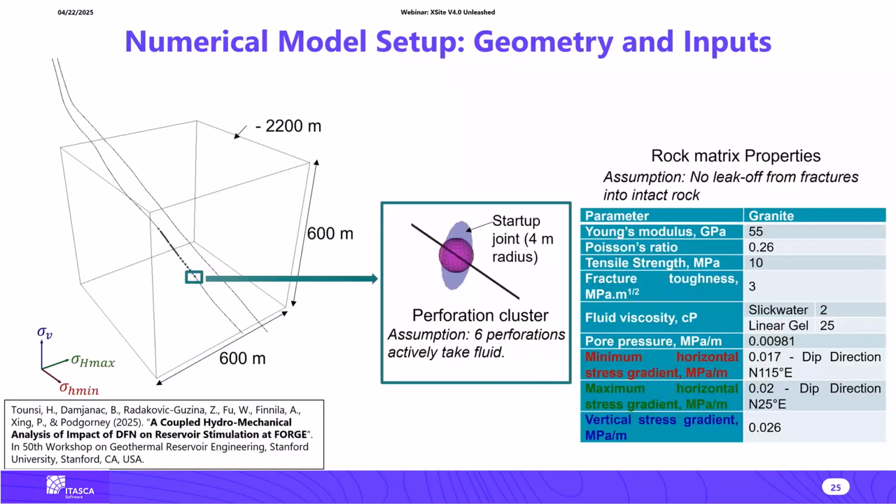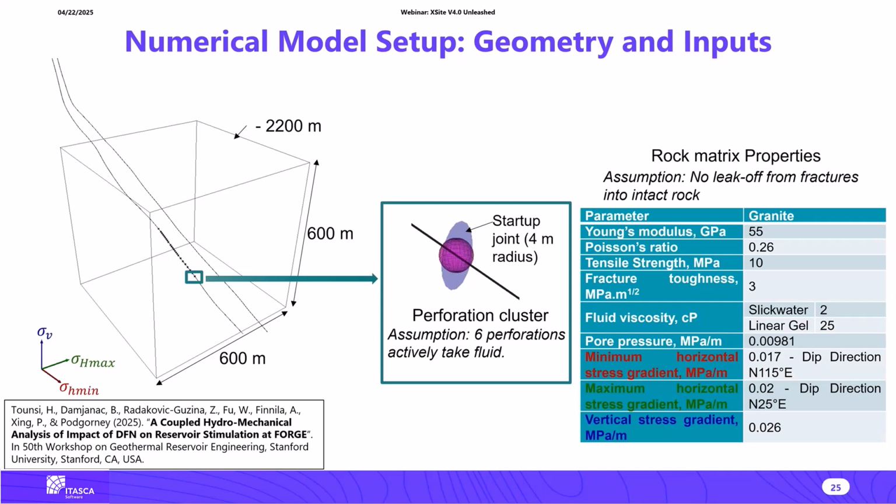So for that reason, when we simulate hydraulic fracture propagation on reservoir scale, we don't represent perforations explicitly, but we can account for the effect of perforation by including the perforation pressure drop.